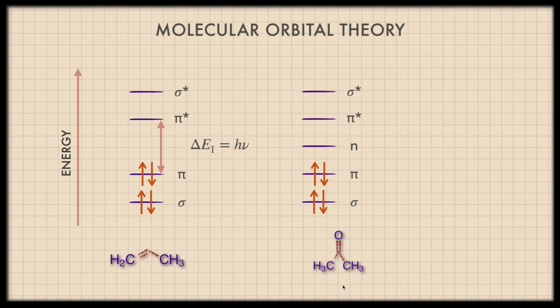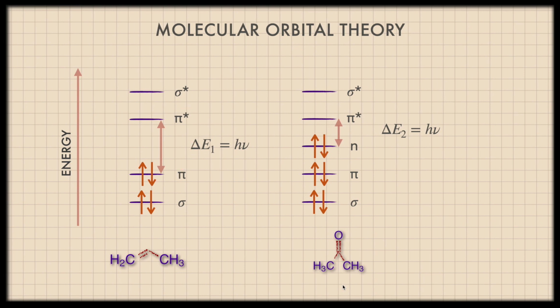This is a simplified energy diagram of molecular orbital theory. Here we will also have electrons occupying the non-bonding orbital. Now if you look at this energy difference and this energy difference, what do you think?